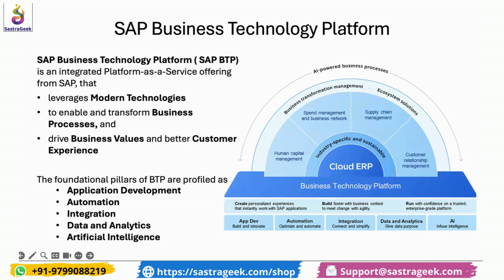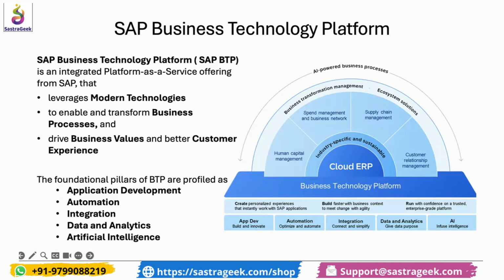So it's basically technology related improvements that have been brought under a single umbrella. And this is what we call the foundational pillars of BTP. The pillars are application development, automation, integration, data analytics, artificial intelligence.